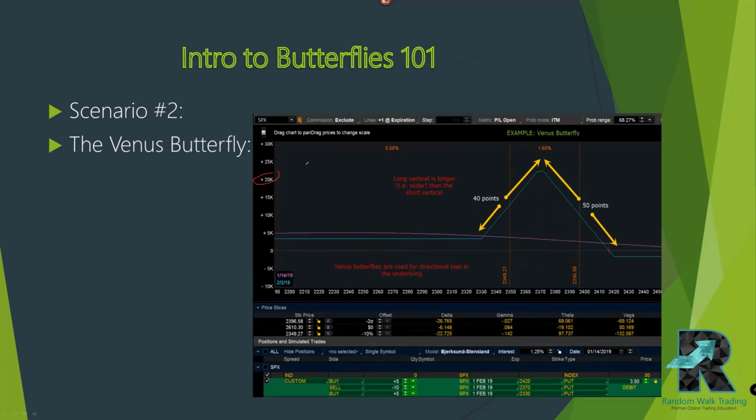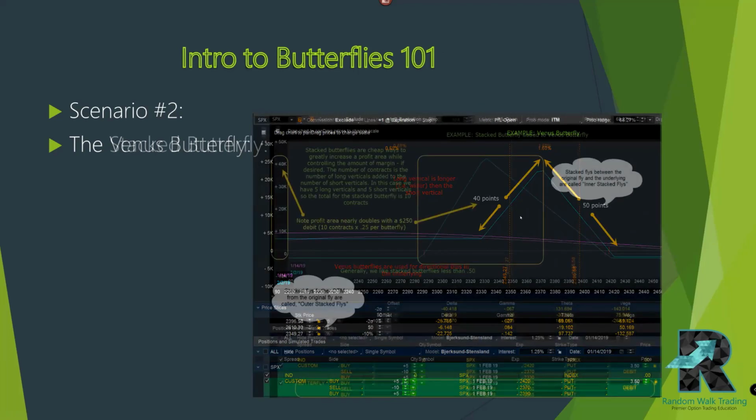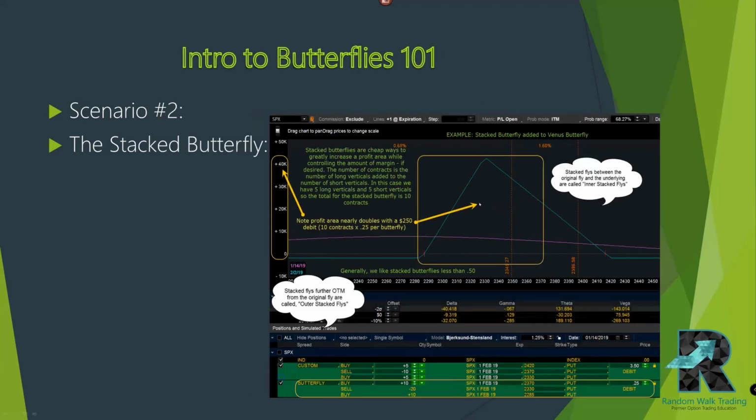So we doubled the profit area for basically the same amount of money. So we like doing stack flies. What we do many times is if the underlying goes in the direction that we want, we'll add that stack fly for a credit, and we take back the 350 debit that we paid initially. That's not a bad scenario to be in.